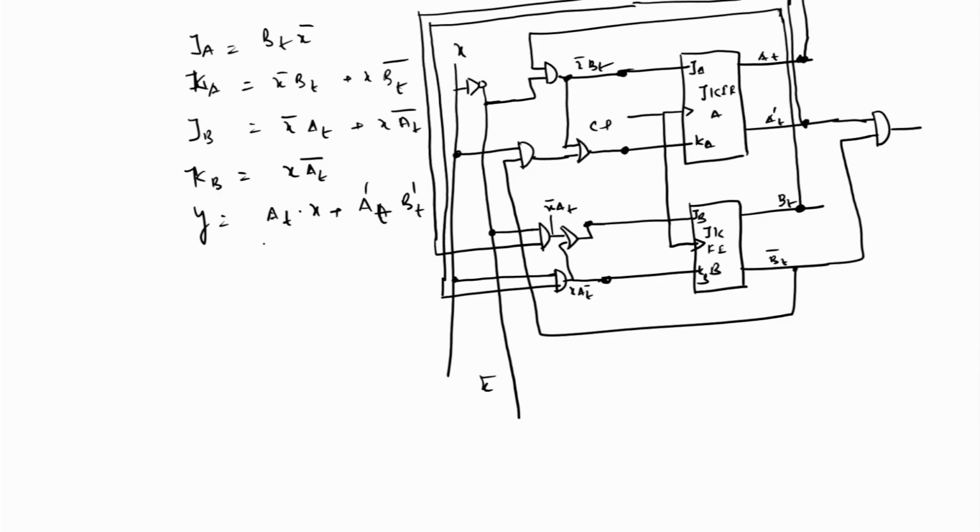Another is AT into X, which is combined similarly, and then both are combined together by using an OR gate, and this represents the output Y. So this is the sequential circuit diagram using a clock, because both flip flops have the same clock pulse.